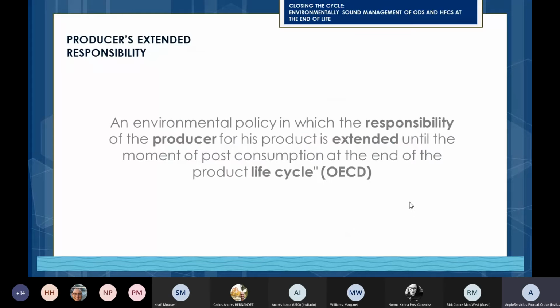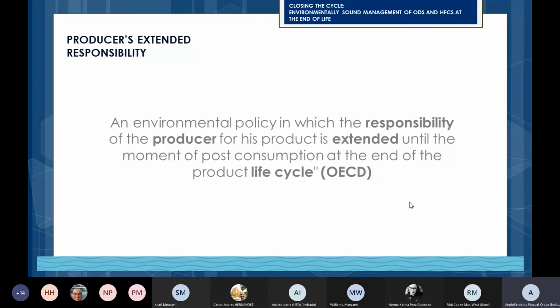To start talking about experience in implementing this approach of PR, or producer's extended responsibility, we'd like to start with this definition. Nidia has already mentioned this. I just want to remind ourselves that PER has been designed as an environmentally sound policy where we want to adopt actions that ensure the right management of products that have been placed in the market and have come to their end of life.